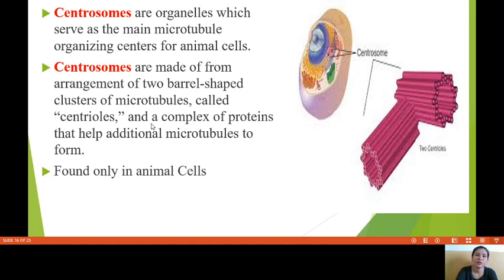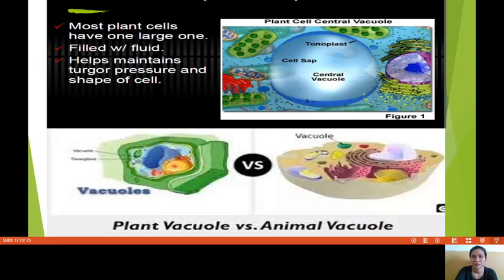This one also helps in the nucleus. Its function is more on the organizing of the processes of the cell.